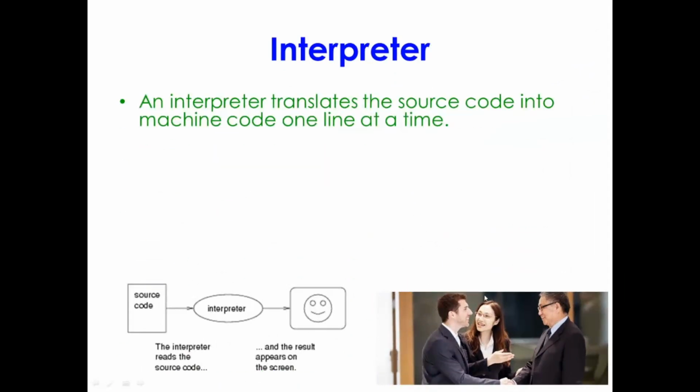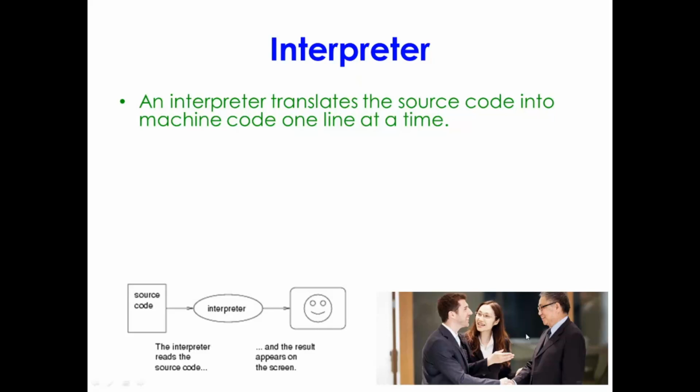So to tell you more about interpreter, let's suppose you have a foreigner visiting your country, and you have an interpreter. It means one sentence of one person will be translated before another sentence.